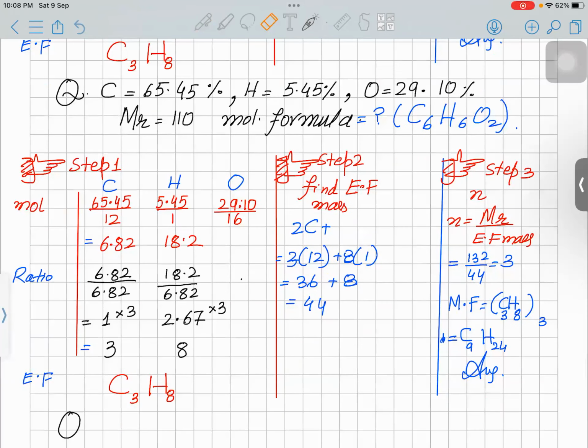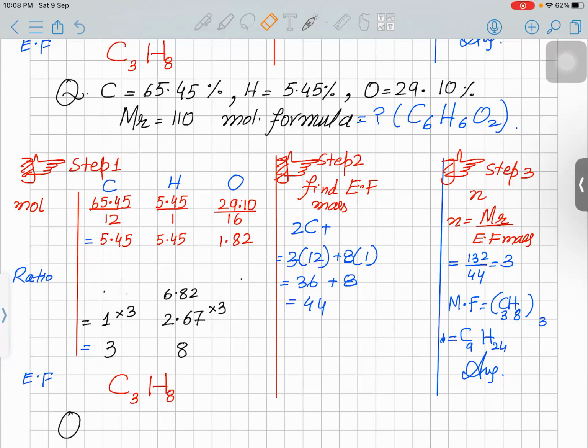Now tell me the answer. Sir, 65.45 divided by 12 is 5.45. The second one is 5.45, and the last one is 29.10 divided by 16 is 1.82.